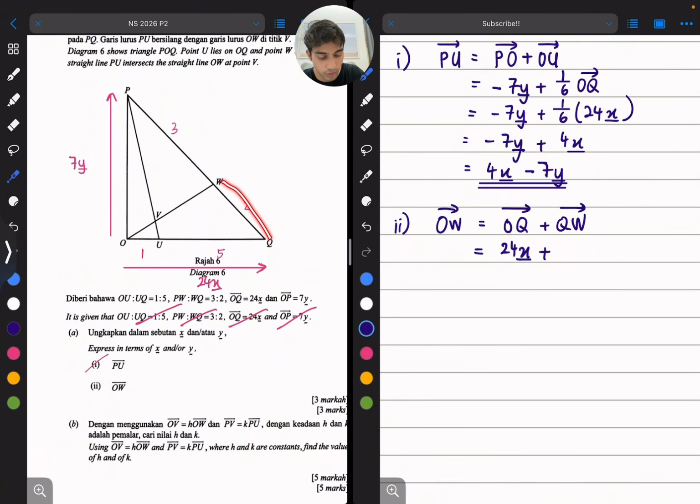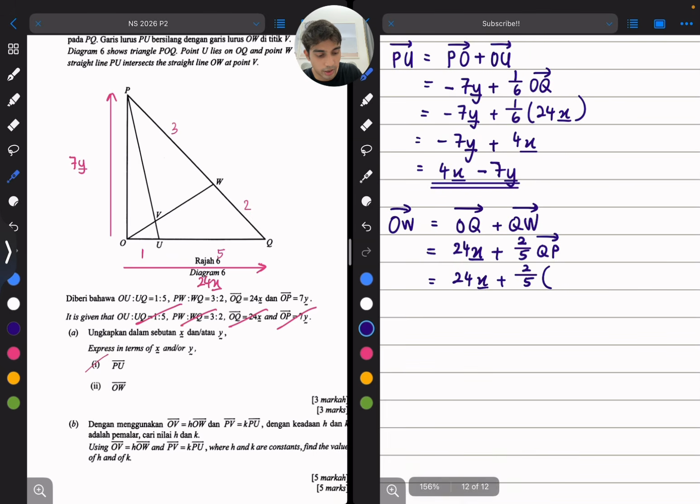QW will be the fraction of QP. So QW is 2 out of 5 of QP. So QP will be QO plus OP.